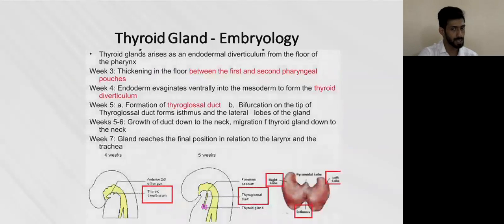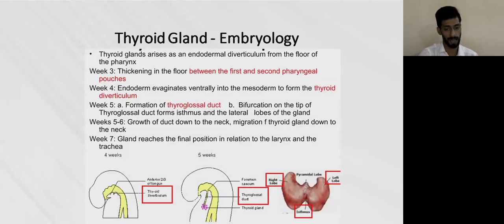Quickly looking at embryology, a few key points in terms of exam and clinically: one, it arises from the endoderm. It arises from the region between the first and second pharyngeal pouches. The region from which it originates is called the foramen cecum, from which a thyroglossal duct forms and it migrates upwards.